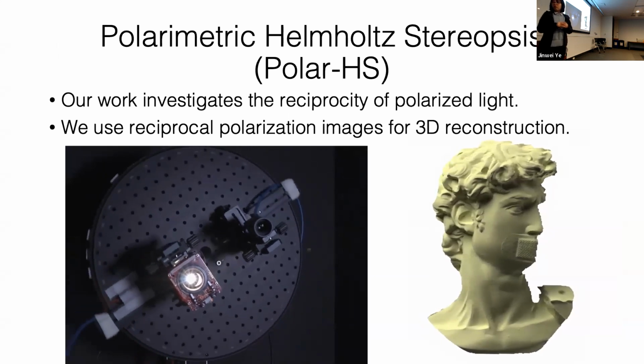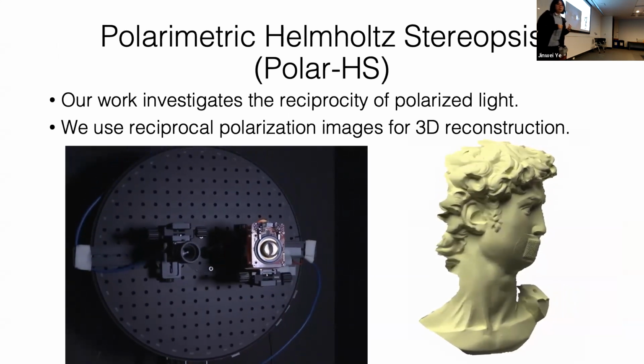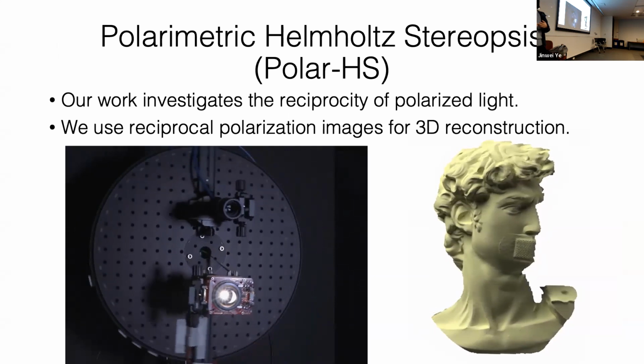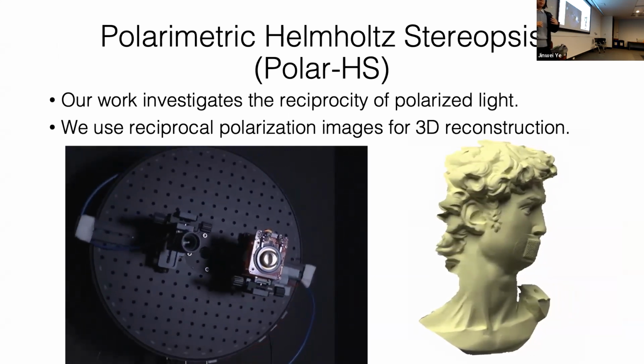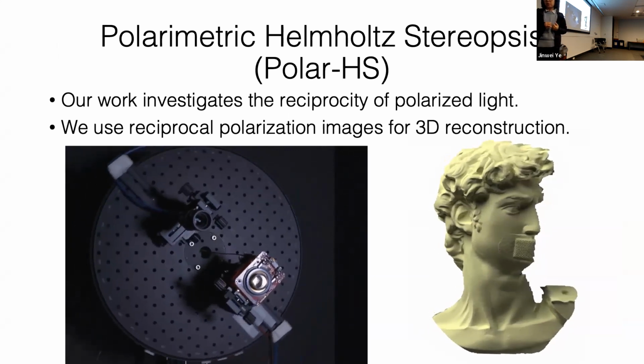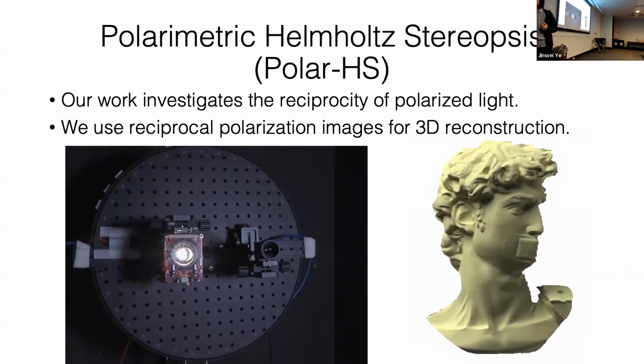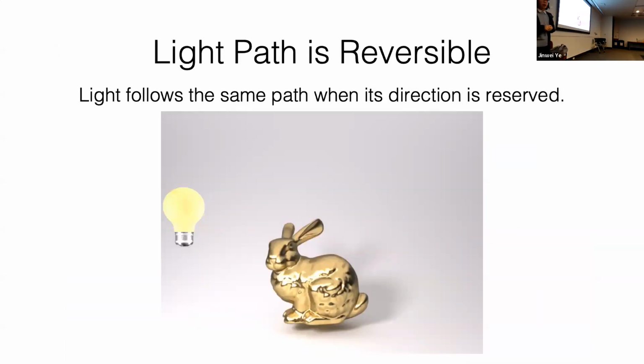In this work, we want to study the reciprocity of polarized light, and we show that with this property, we can do very high quality 3D reconstruction. So what is reciprocity? We all know that the light path is reversible, which means if the direction of the light is reversed, the light will follow the same path to go back.